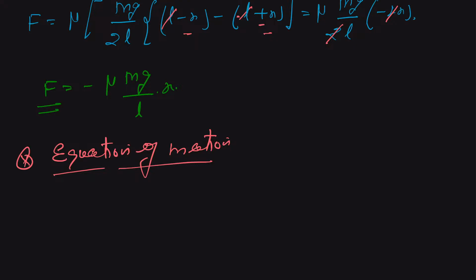Because there is only translational motion in the x direction, we can write that the mass times the second derivative of x, that is its acceleration, will be equal to the applied force F, and applied force F is minus mu mg upon L times x.